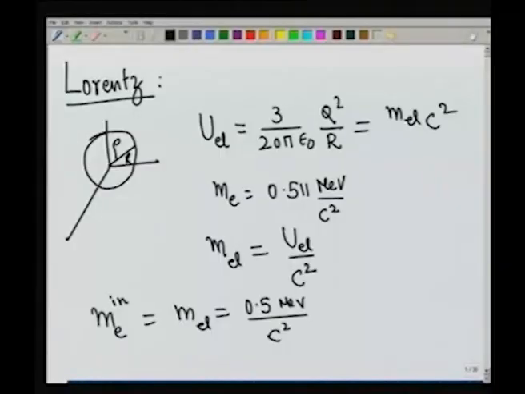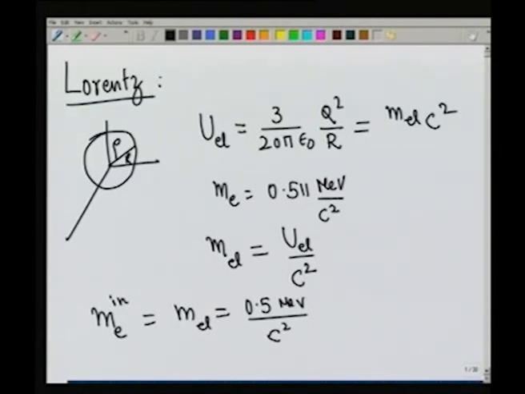Now, this is indeed a very bold physics, and as I said, it is a stroke of genius because now we are actually trying to derive the mechanical properties of an object through its electromagnetic properties. This is a very, very bold concept. So, let us go back and look at what the meaning of this identification is. If you look at the electrostatic energy, I know the charge of the electron, the value of epsilon naught is fixed, and on the other hand, if you look at the inertial mass, the mass is known, 0.5 MeV by c squared.